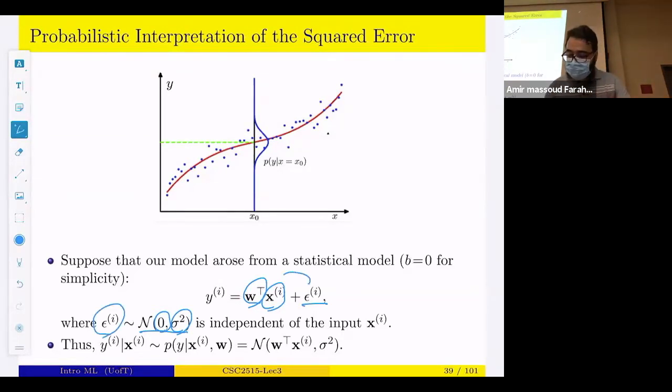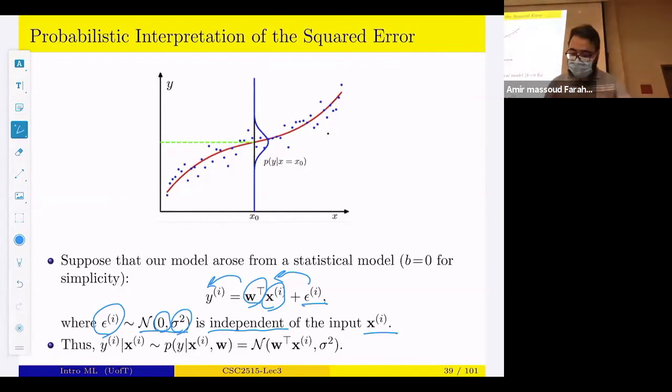We add the noise to W transpose times the input, and that gives us the value of Y. And we assume the noise is independent of the input Xi. So the process that generates Xi is independent from the process that generates the noise that contaminates the output.